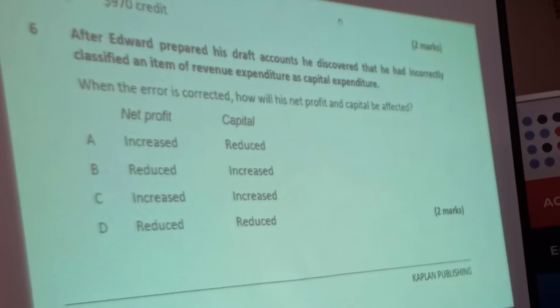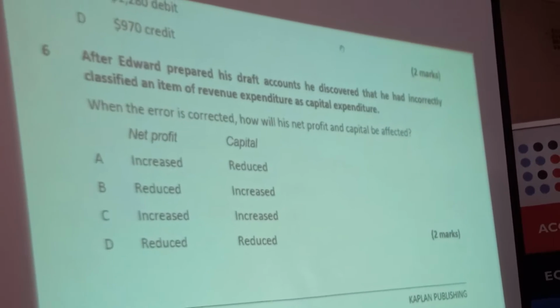Capital expenditure. Then they are saying when the error is corrected.